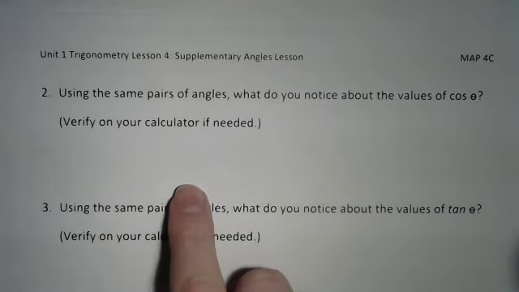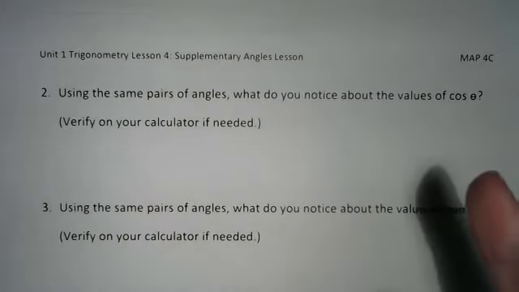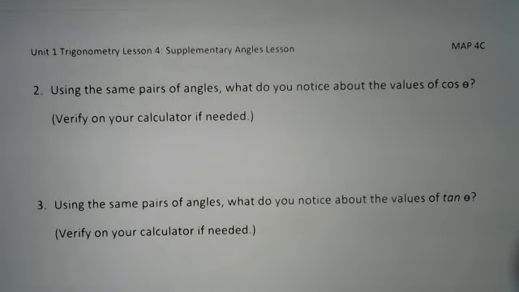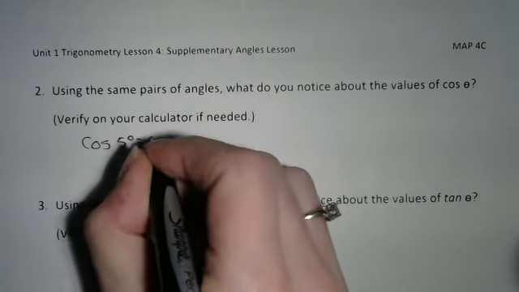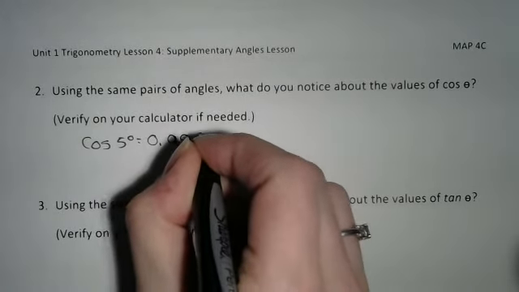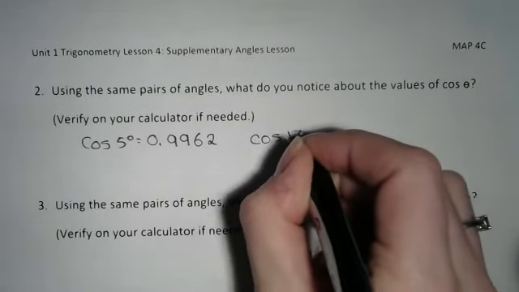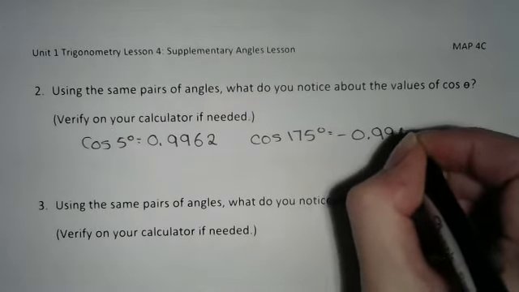If we take a look at the same pair of angles, 5 and 175, the value of cos theta, if you punch this into your calculator, cosine of 5 degrees is equal to 0.9962, and cosine of 175 degrees is equal to negative 0.9962.